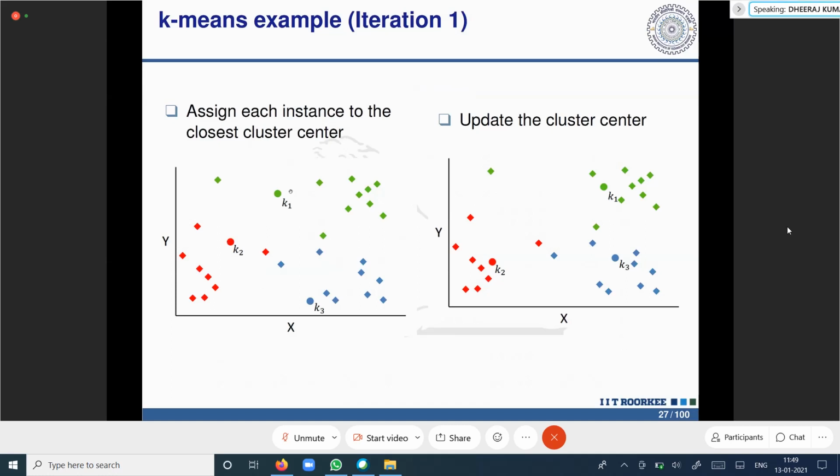So we have these 3 centroids, K1, K2, K3, which are shown by 3 colors, green, red and blue. All the points are shown by these squares, and they are color coded to show which centroid they are closest to. All these red squares are closest to K2, so they are assigned to the red cluster.